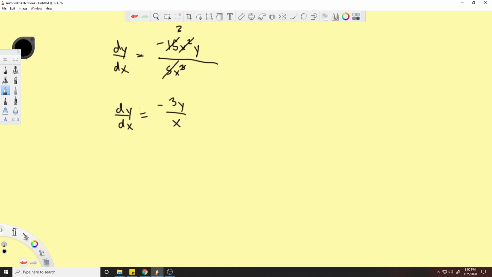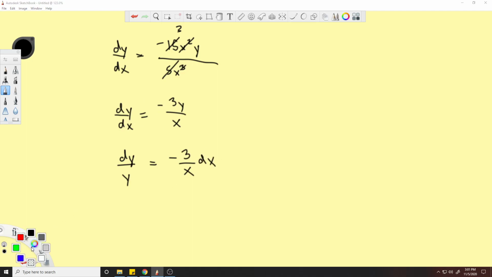Okay, next thing we need to do is tackle this using separation of variables, one of the methods for solving a differential equation. We basically treat this derivative operation as a fraction. We'll divide by y, bring this y over here, dy over y, and then we have negative 3 over x, and the dx will be multiplied through.